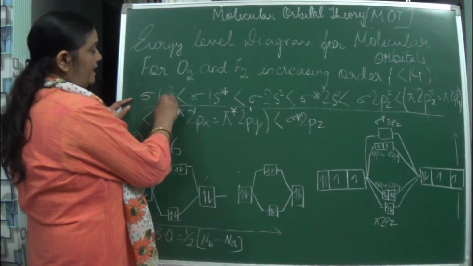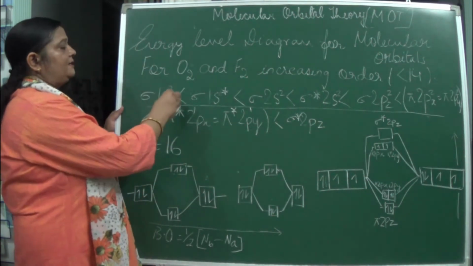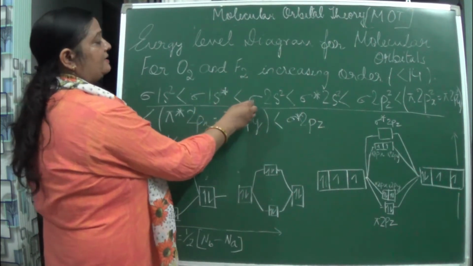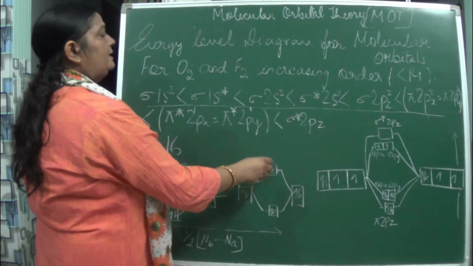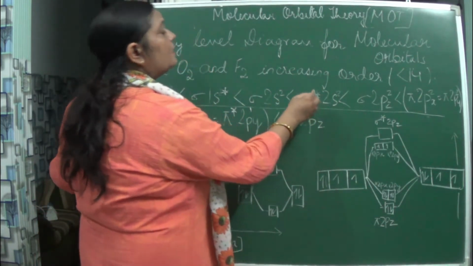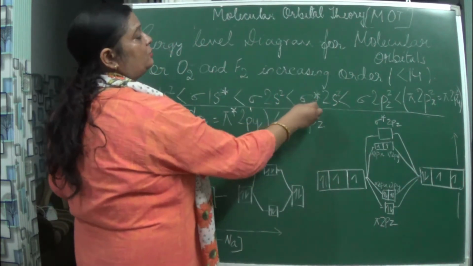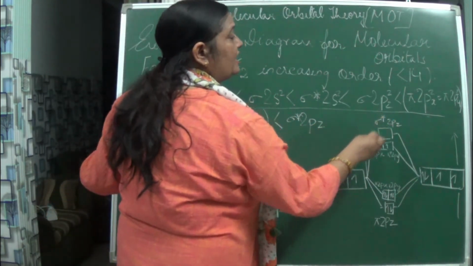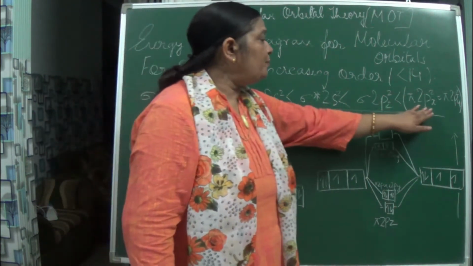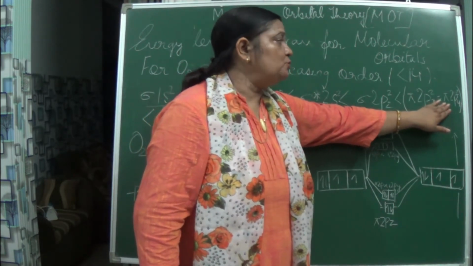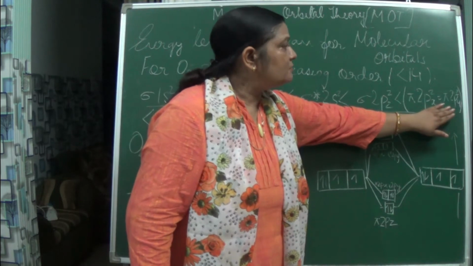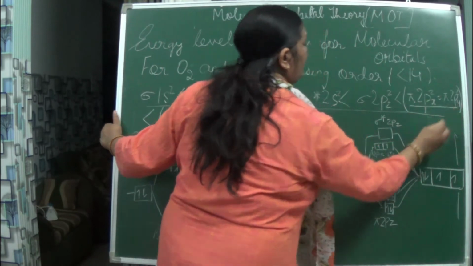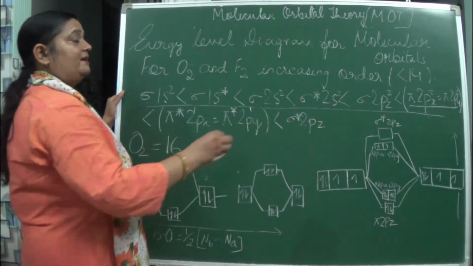It is sigma 1s2, the least energy, then sigma asterisk 1s2, this is in the anti-bonding. Then sigma 2s2, this is in the bonding, and then sigma asterisk 2s2, anti-bonding. Then comes sigma 2pz square, and then the energy level of pi 2px square is equal to pi 2py square, similar, its energy is similar.